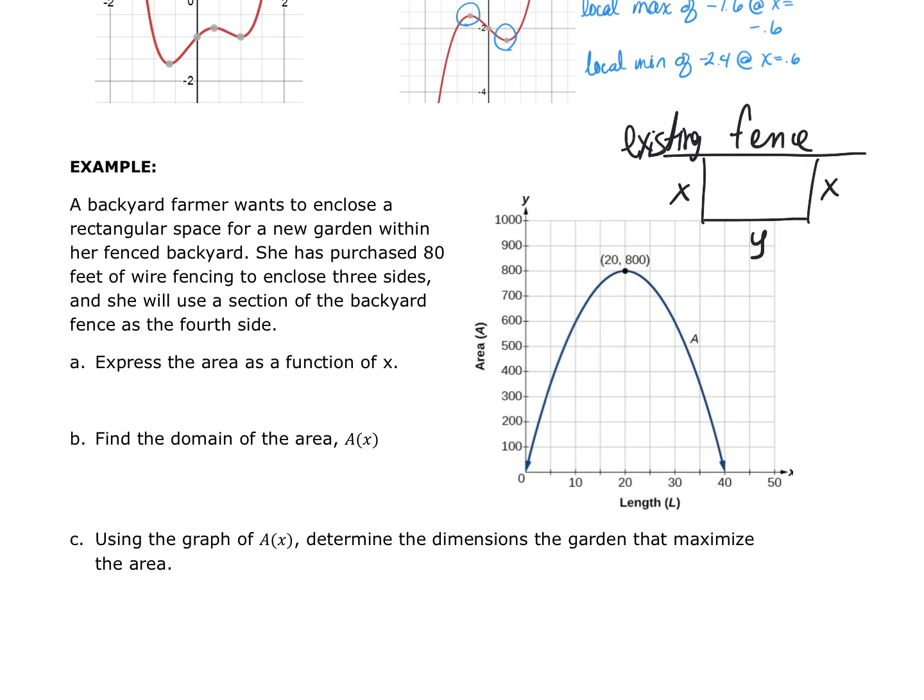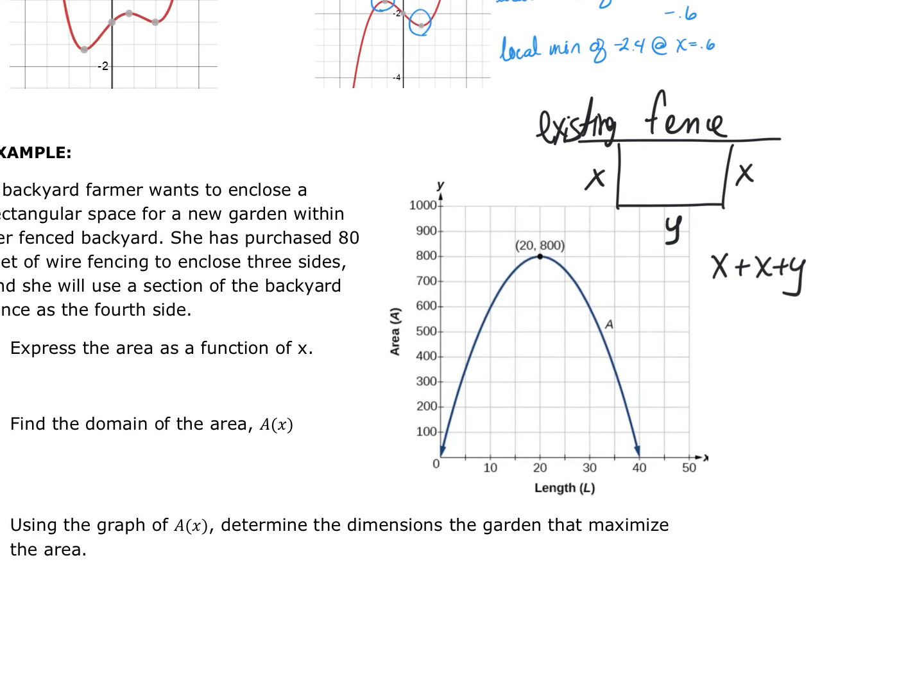So I know x plus x plus y, all of those sides have to equal 80. That's the perimeter. So 2x plus y is equal to 80. Now the other thing that's happening, if I want to find the area of this, then all I'd have to do is multiply the two sides. So the area, and that's what I'm trying to maximize, would be x multiplied by y.